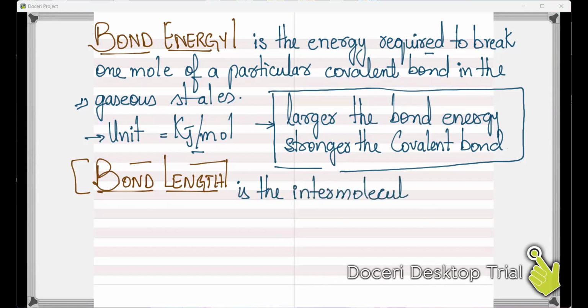What is bond length? Bond length is the intermolecular distance of two covalently bonded atoms.